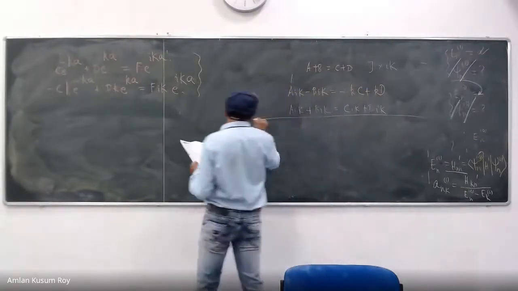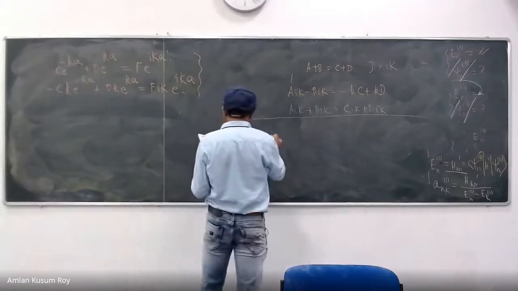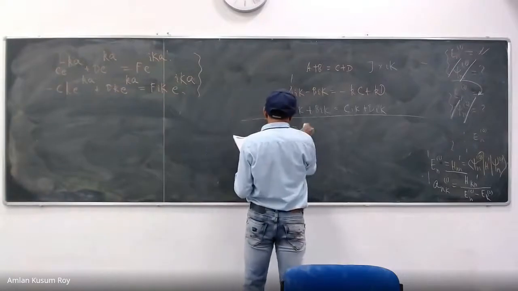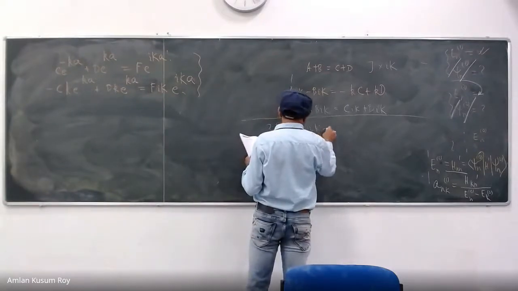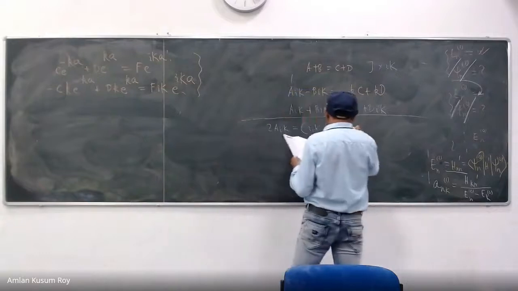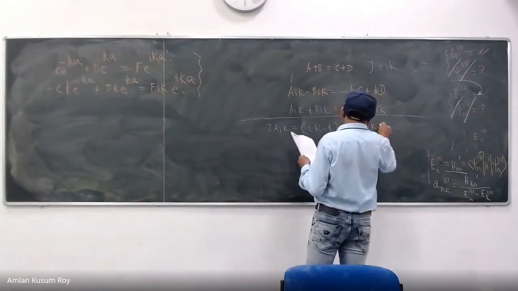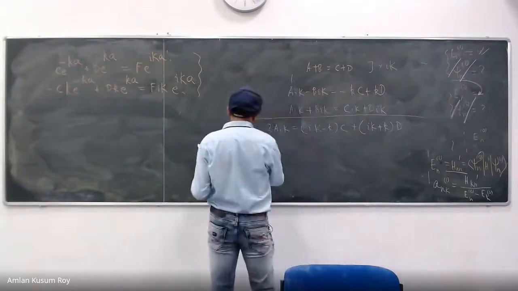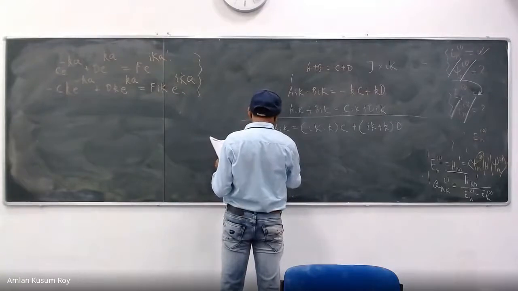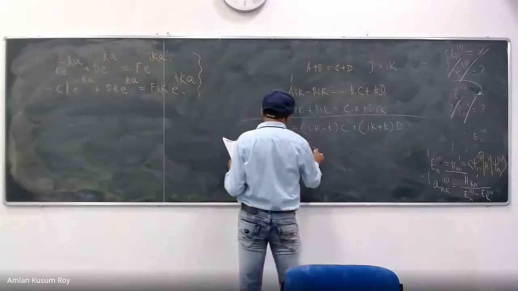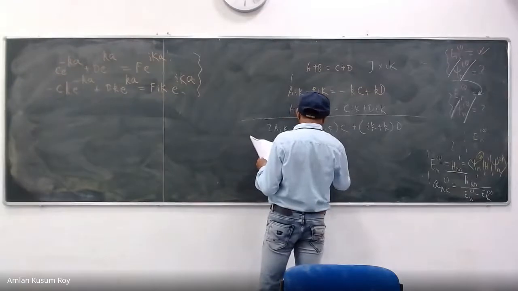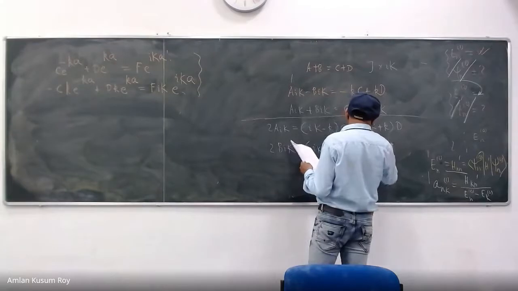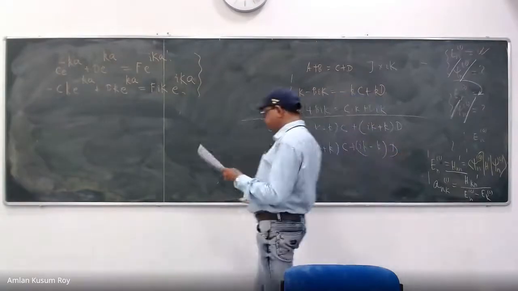So by adding and subtracting, you will get two equations: twice AIK is equal to IK minus kappa into C plus IK plus kappa into D. And subtracting, you will get twice BIK is equal to IK plus kappa C plus IK minus kappa into D.